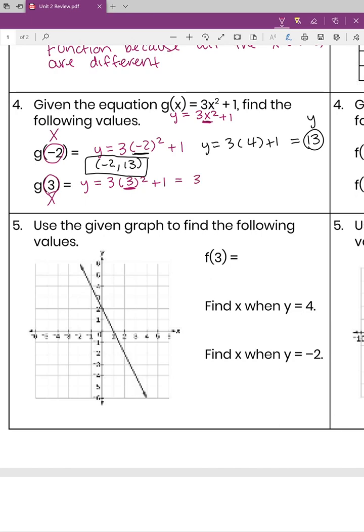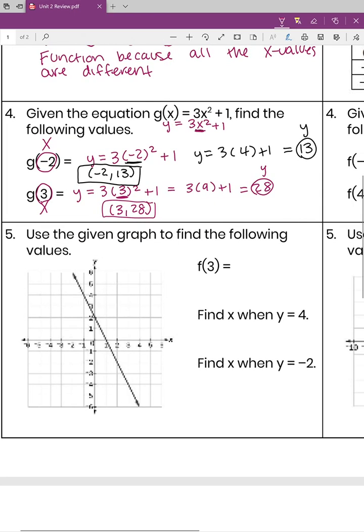So I have 3 times 9 plus 1. 3 times 9 is 27, and 27 plus 1 is 28. Remember, this is my y value. So the point is going to be 3, 28, and that's my answer.